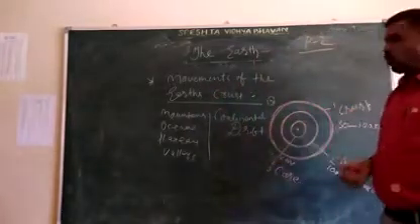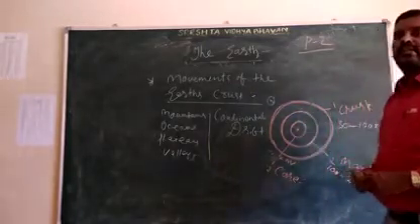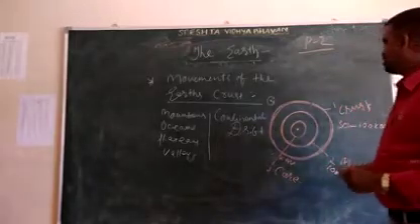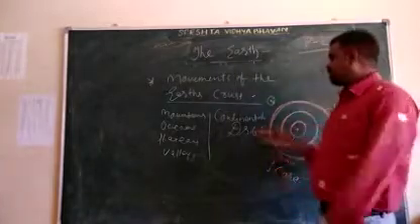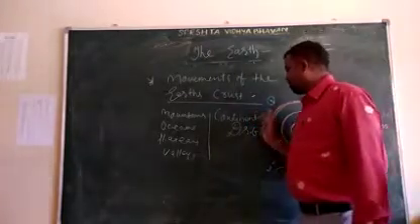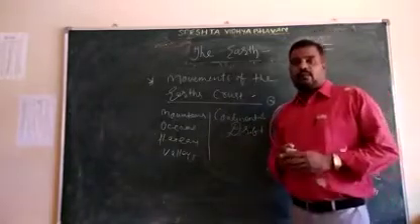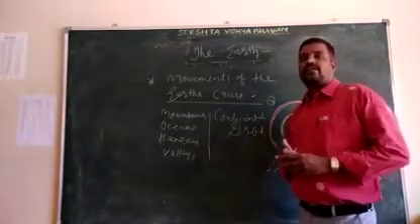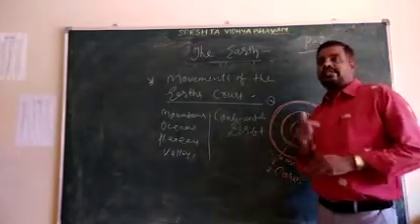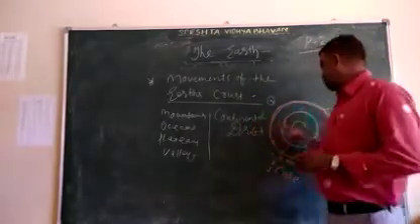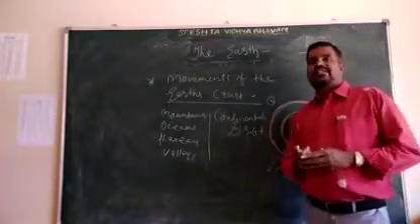According to this continental drift, he explained the present arrangement of the continents and oceans: how the continents are formed, how the ocean basins are formed.